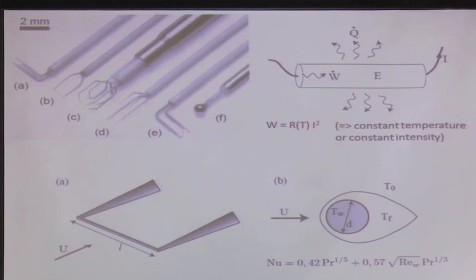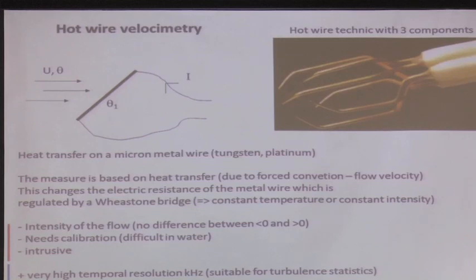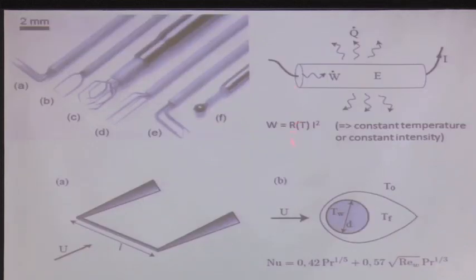You have an electronic system which is able to fix exactly the intensity of the current passing through the wire. And then with the Wheatstone bridge, you measure the evolution in time of the resistance. This evolution of the resistance depends on the temperature of the wire, and the temperature of the wire is obtained from a balance between the energy supplied by the electric current and the heat release due to convection.